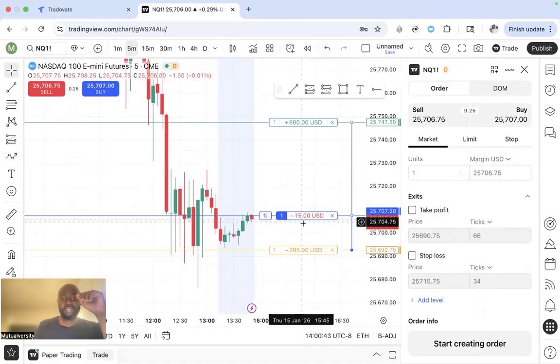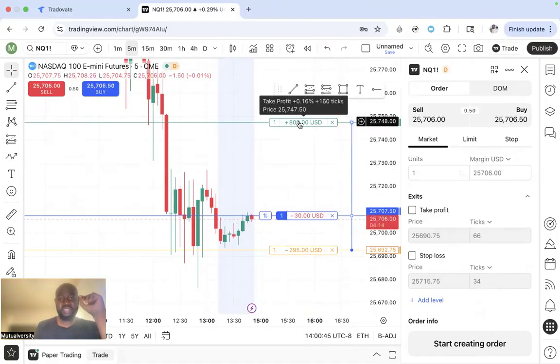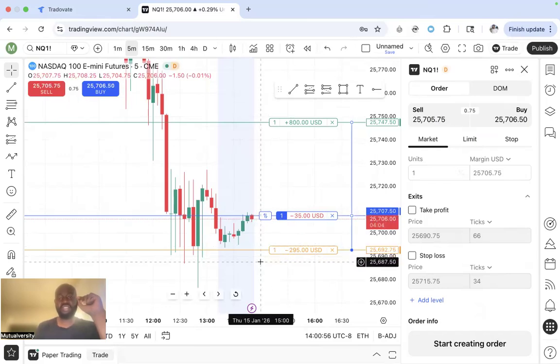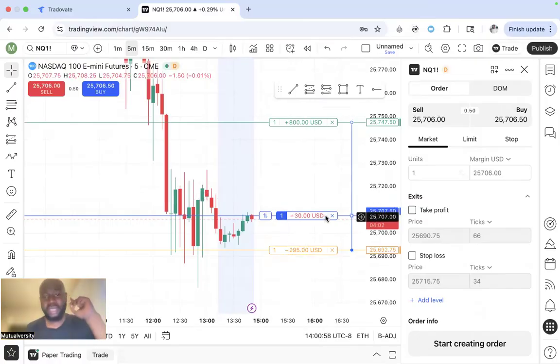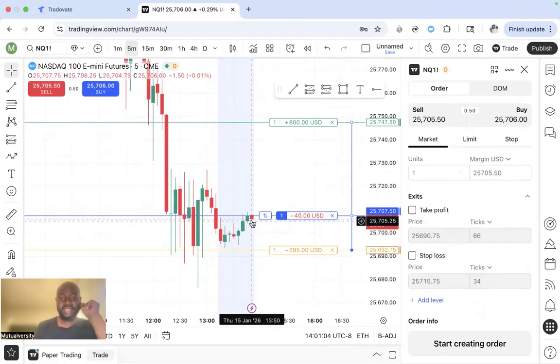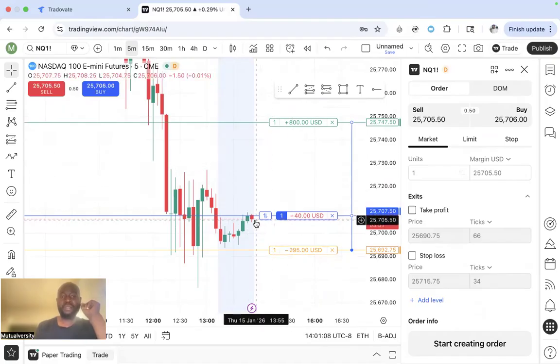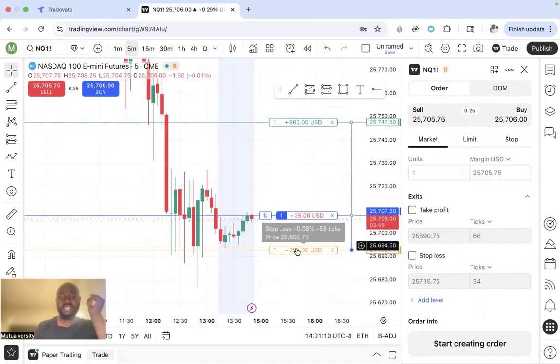So whenever you enter a trade, always select the take profit and the stop loss. So you can have an area of target and the amount you're willing to lose in case price reverses on you. What happens is that if the candle comes and hits your stop loss, it cancels the whole order, and then you just lose $295.